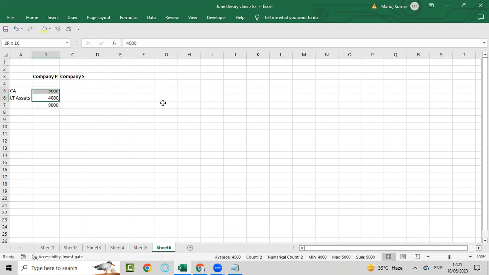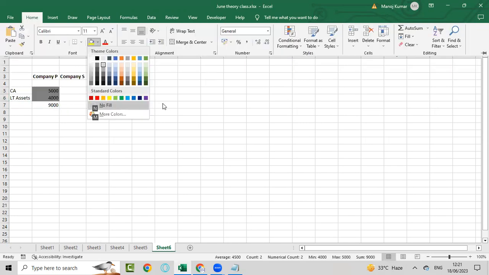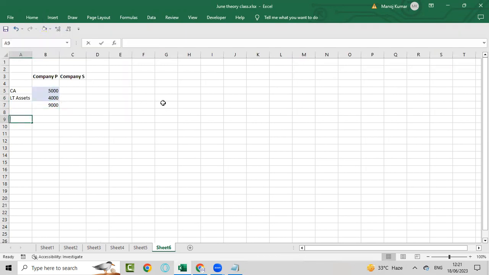Total is 9,000. Current liability 2,000, debt 1,000. Its equity is 6,000. Total is 9,000.